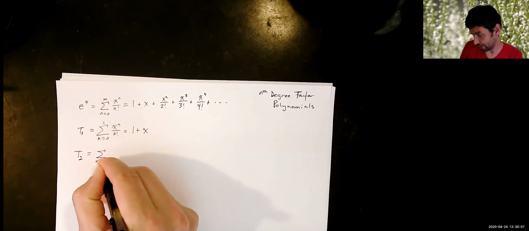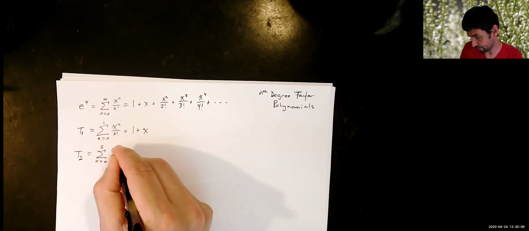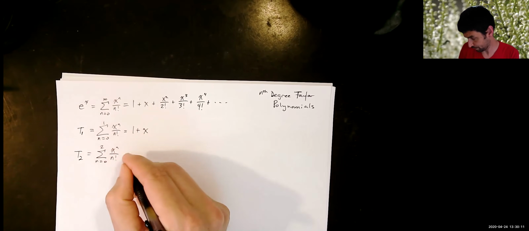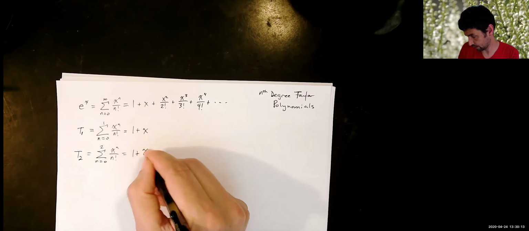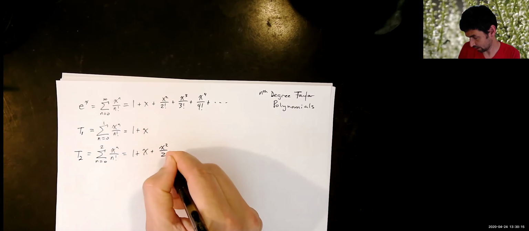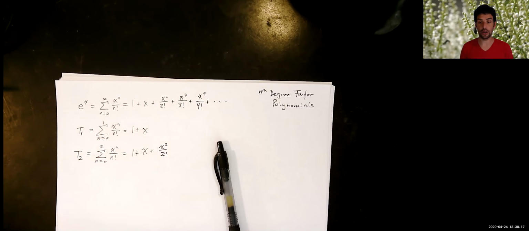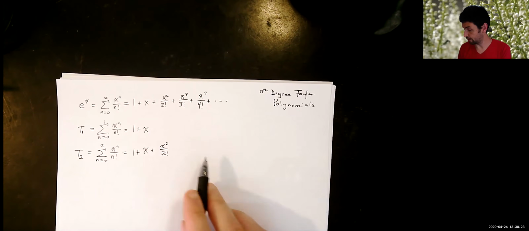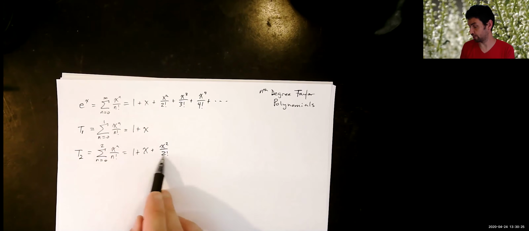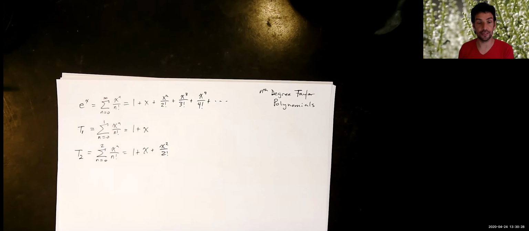The second degree Taylor polynomial, right? This is now a quadratic function that approximates our function. Or yeah, this is the quadratic approximation that approximates e to the x.